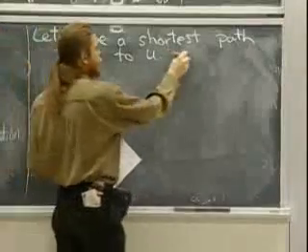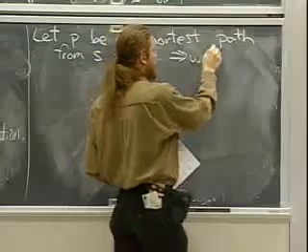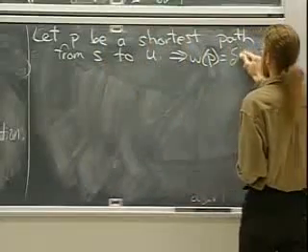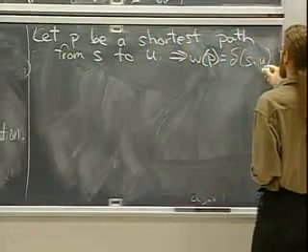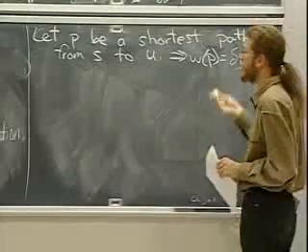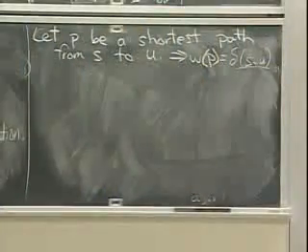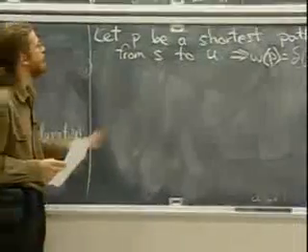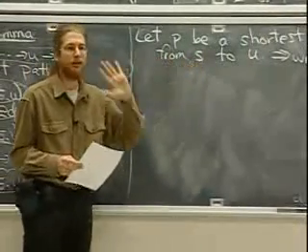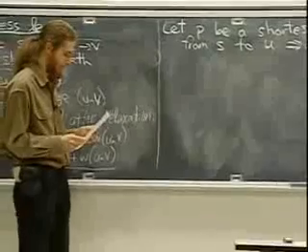That means that the weight of this path is the shortest path weight, delta of s comma u. Slight exceptional cases if it's a plus infinity, but I'm not going to worry about that.